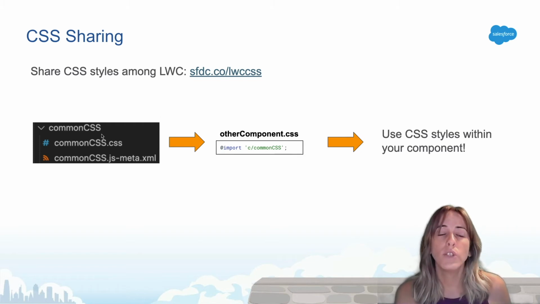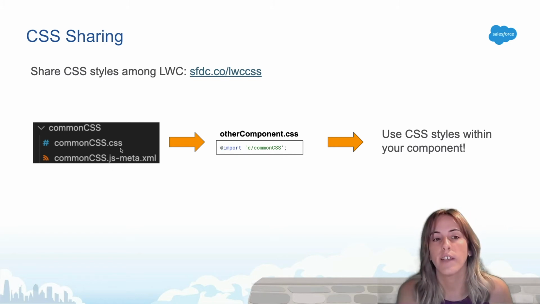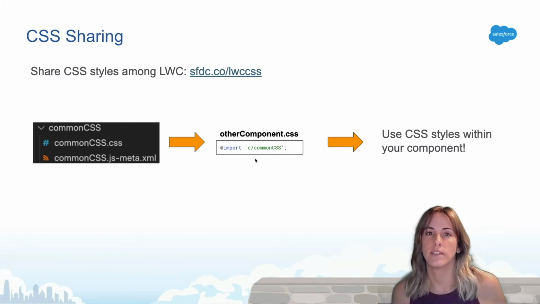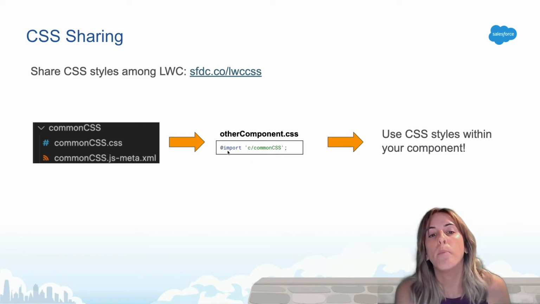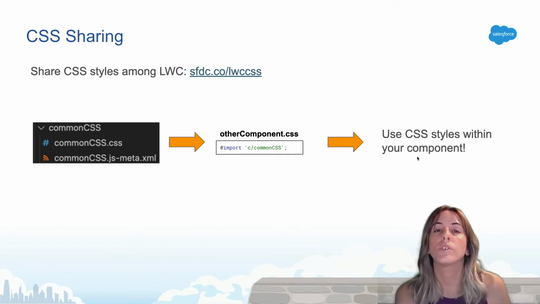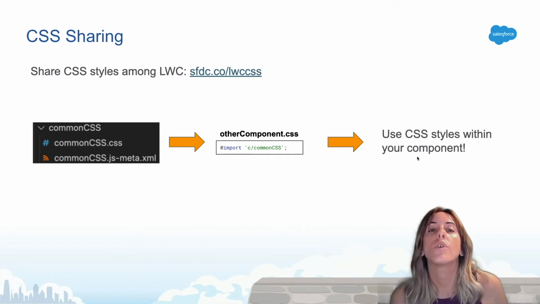The way to do that is super easy. First you create a component which just contains a CSS file and a metadata file. Then in the other components that you want to include that CSS, you import the module using the @import syntax, and then you can directly use those CSS styles within your components.